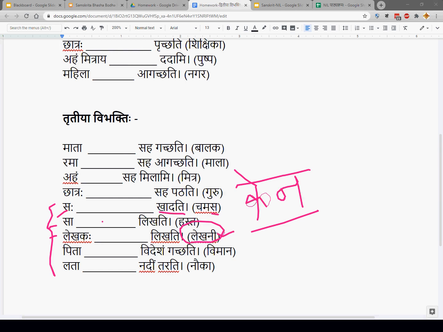Nadi shabda. Nadi, we have nadya. So here we have lekhanya. Lekhanya.